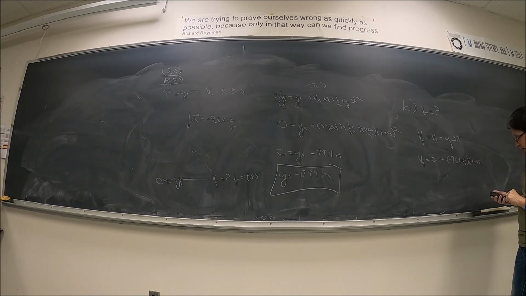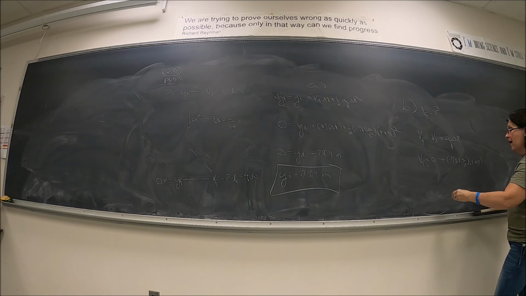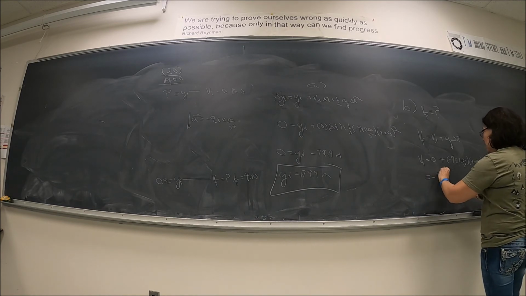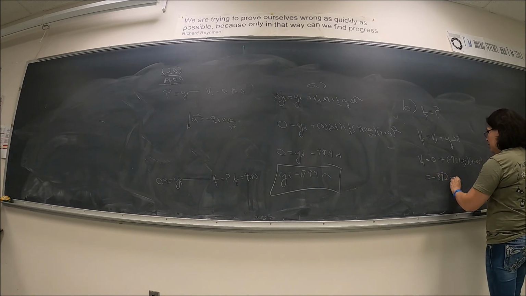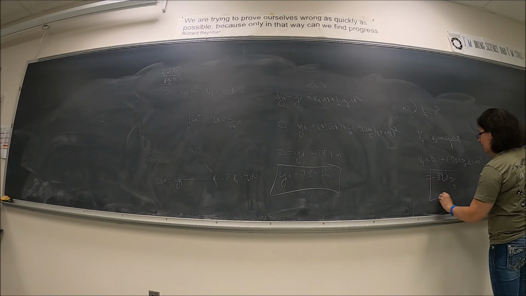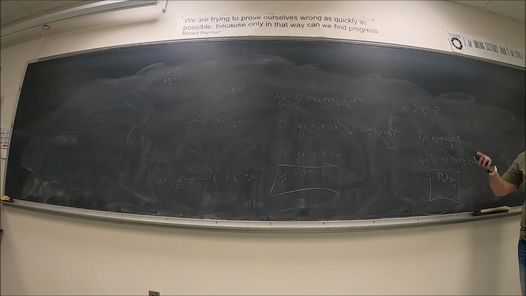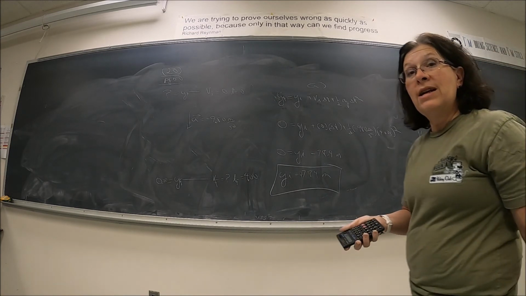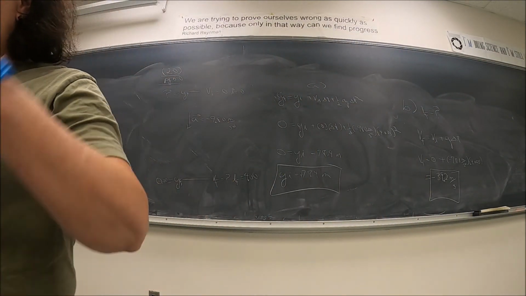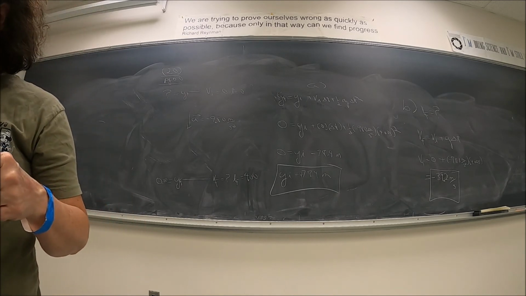So 4 times 9.80, make it negative. I get a minus 39.2 meters per second. That negative sign says that the ball bearing was traveling down, which is what we would expect because we dropped it.